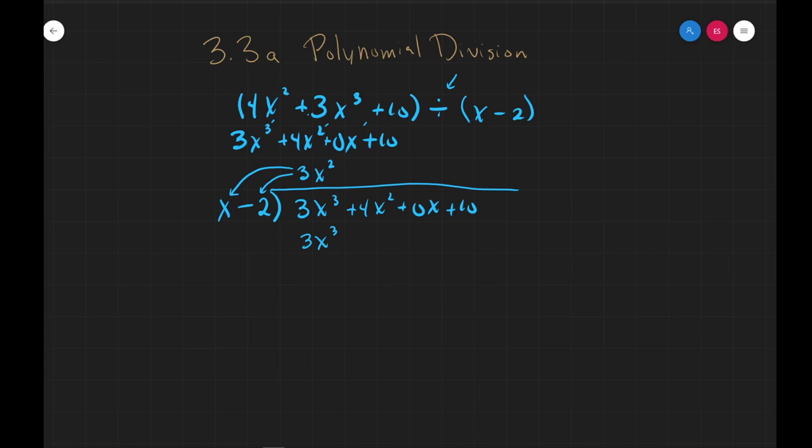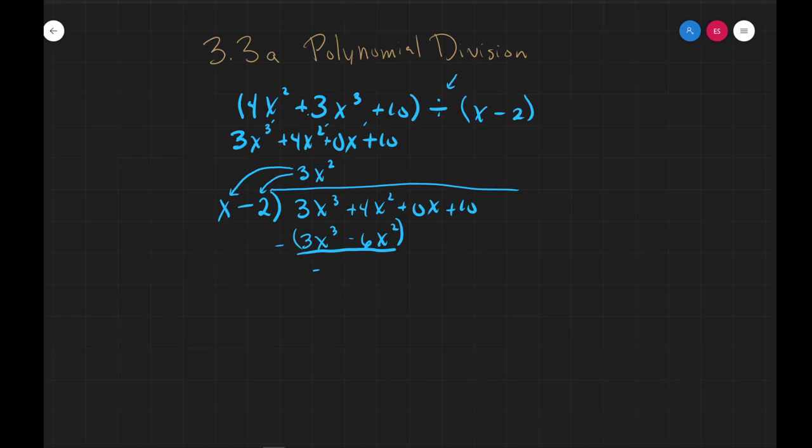So we take 3x squared times negative 2, and we get negative 6x squared. Now, just like with the regular numbers, we're going to subtract this entire row. So 3x cubed minus 3x cubed is going to be 0. That should always happen. We should always get a 0 with our first term.